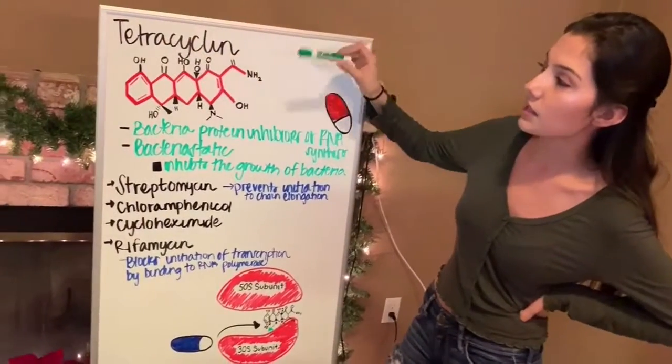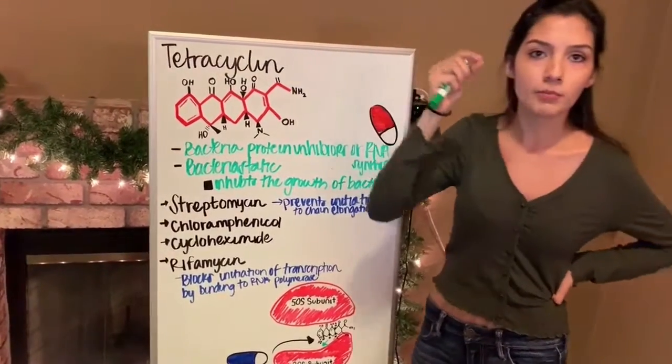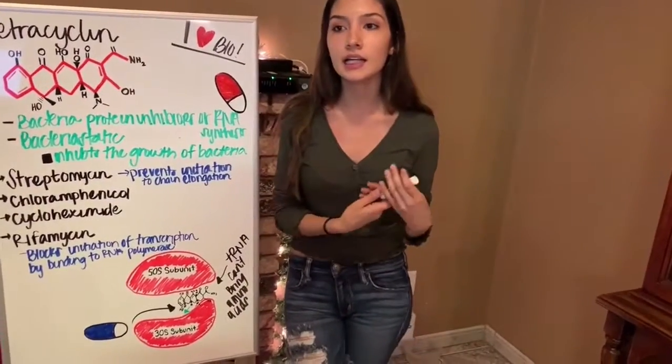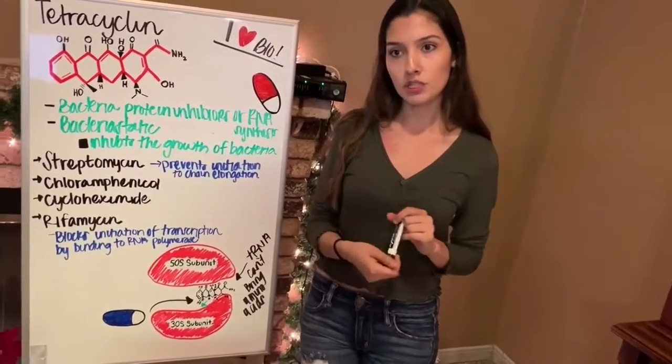This is just kind of a broad type, because there's more specific ones. These antibiotics can be taken in dosage high enough to kill bacteria without being toxic to humans.